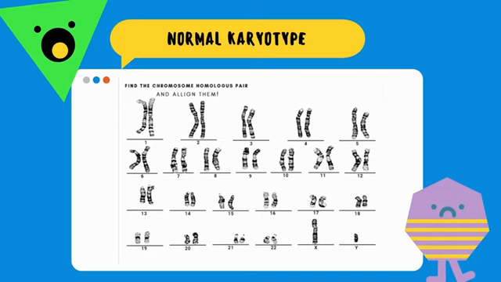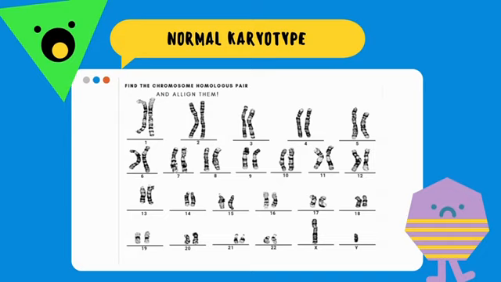Based on the picture, chromosome 1 until chromosome 3 were categorized as large metacentric group. Chromosome 4 and 5 were categorized as large submetacentric, while chromosome 6 and 12 were categorized as medium submetacentric.